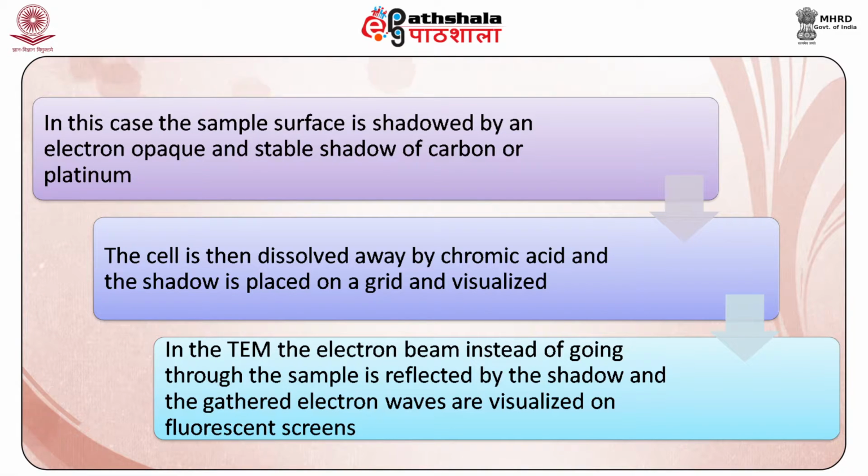The cell is then dissolved away by chromic acid and the shadow is placed on a grid and visualized. In the SEM, the electron beam, instead of going through the sample, is reflected by the shadow and the gathered electron waves are visualized on fluorescent screens.